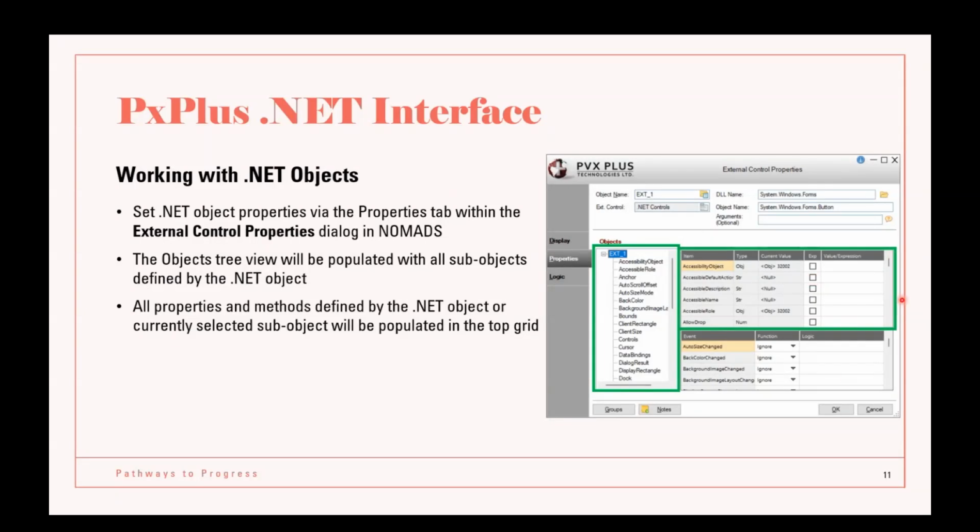And then this grid here is going to show you all the properties and methods defined by your .NET object. Now, if I click on one of these child objects, this will repopulate with the properties and methods for that child object. If you've used COM or Start Browser, this is effectively the same interface.